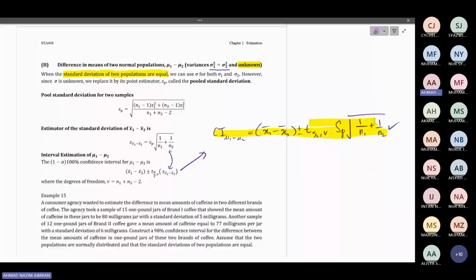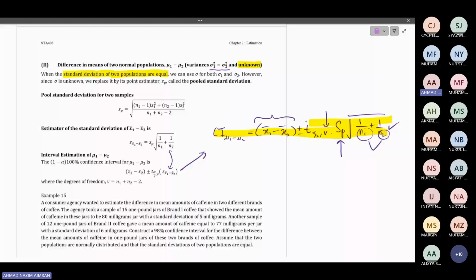For this one, you need to get the degree of freedom, and you need to find the pooled standard deviation, and usually this one will be given in the question. The same goes to the sample size of the two populations, which will be given. So, yang you nak kena cari biasanya pooled standard deviation je lah.